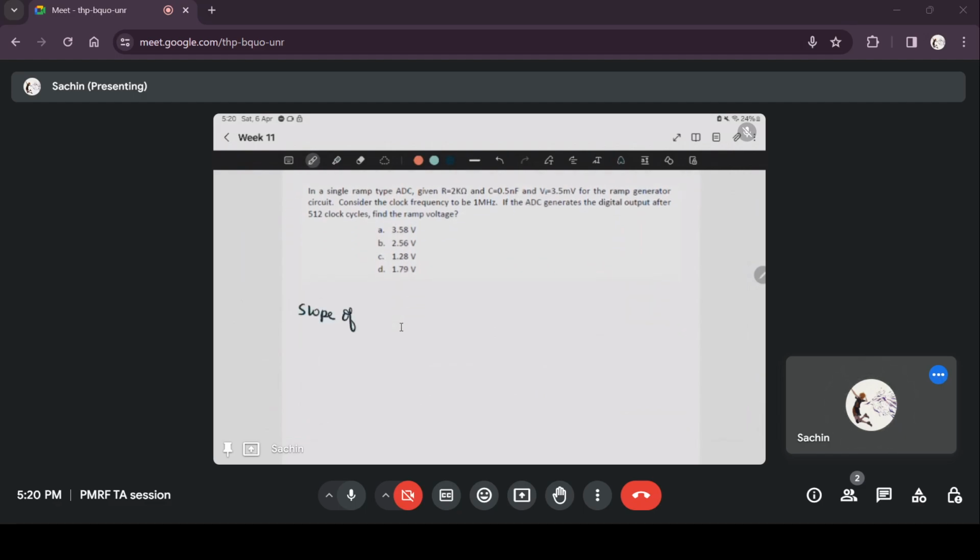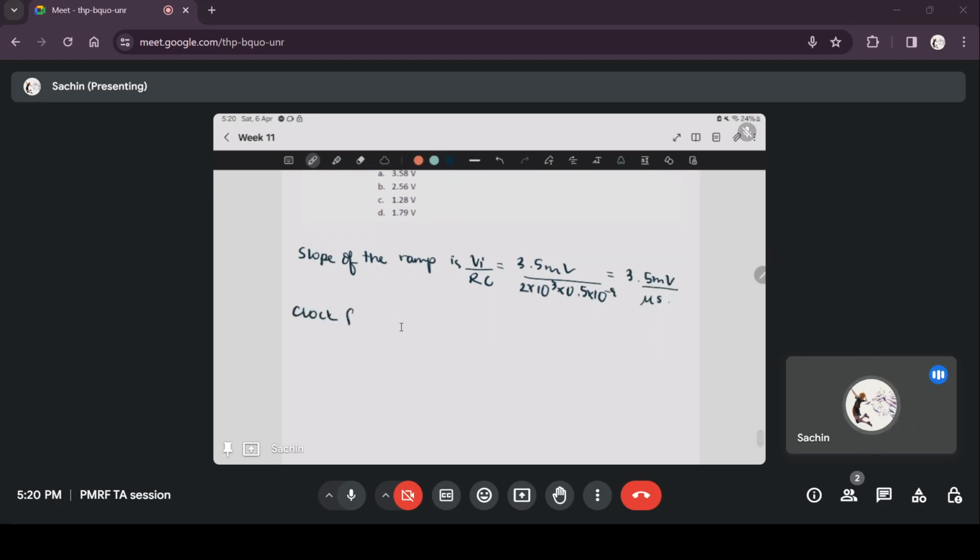Slope of the ramp is Vi by RC, which is 3.5 millivolt by 2 into 10 power 3 into 0.5 into 10 power minus 9, which is 3.5 millivolt per microsecond.